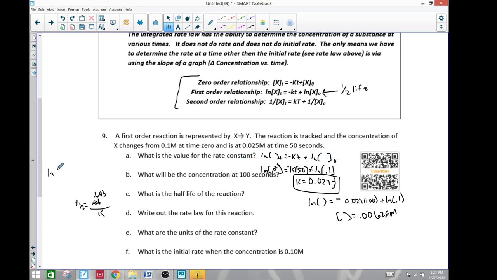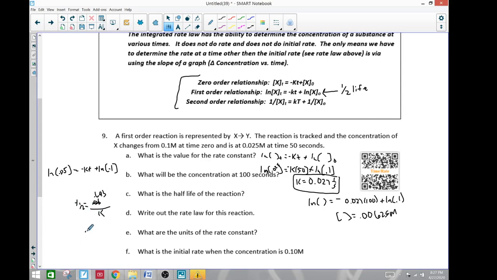The natural log of the concentration at 0.05 equals negative kt plus the natural log of 0.1. And I could solve it all out. This would be one half. When you bring it over, the natural log of one half, if you punch it in, is 0.693, which is what we have here. So in this situation, now we know the k value, we're just going to solve it out.